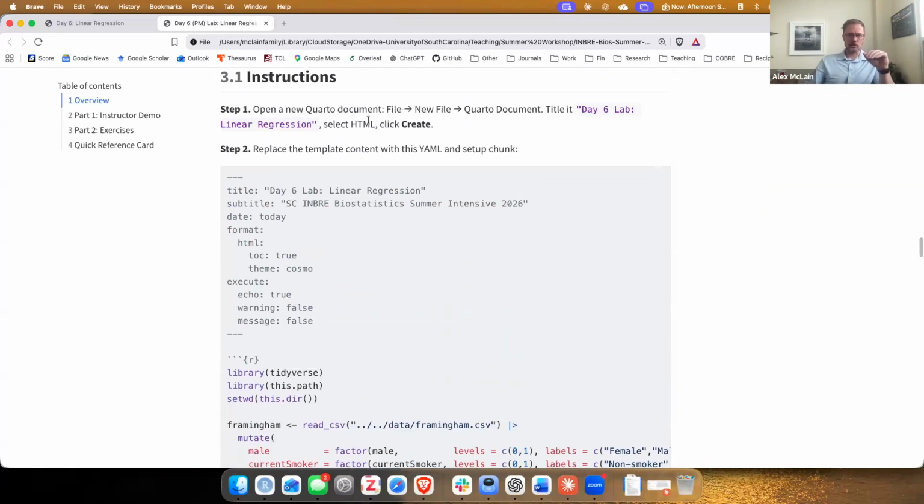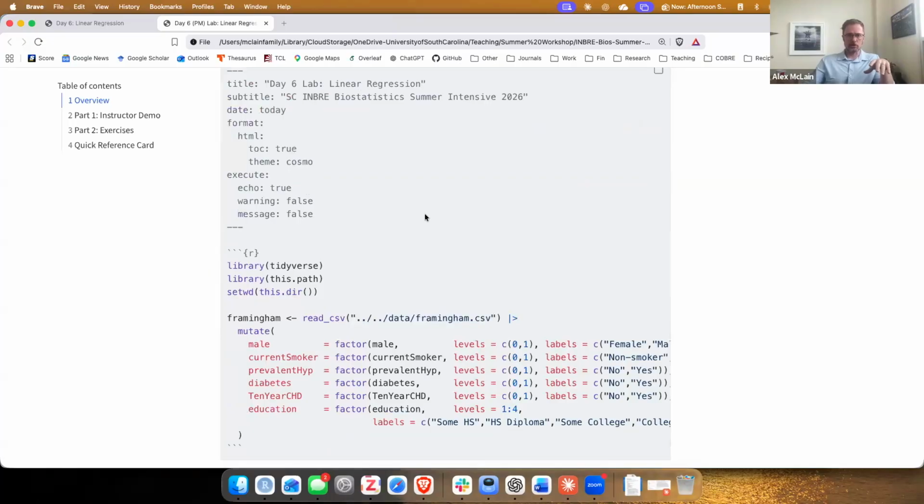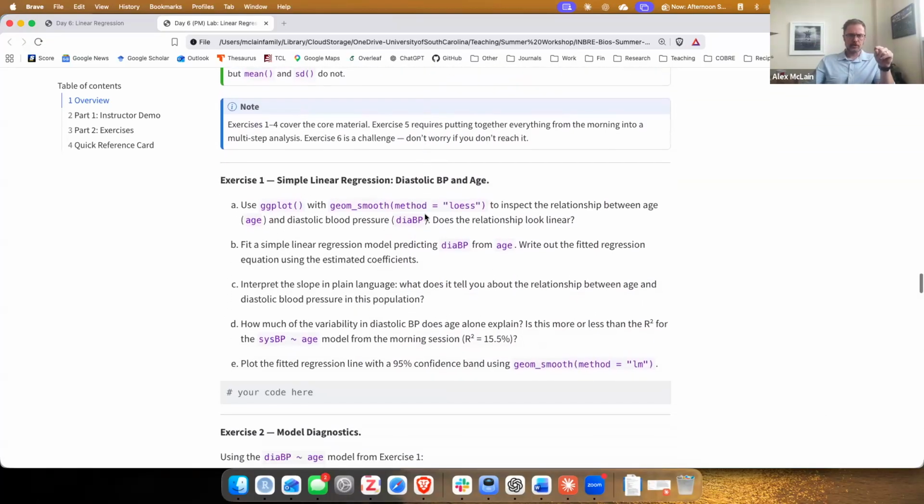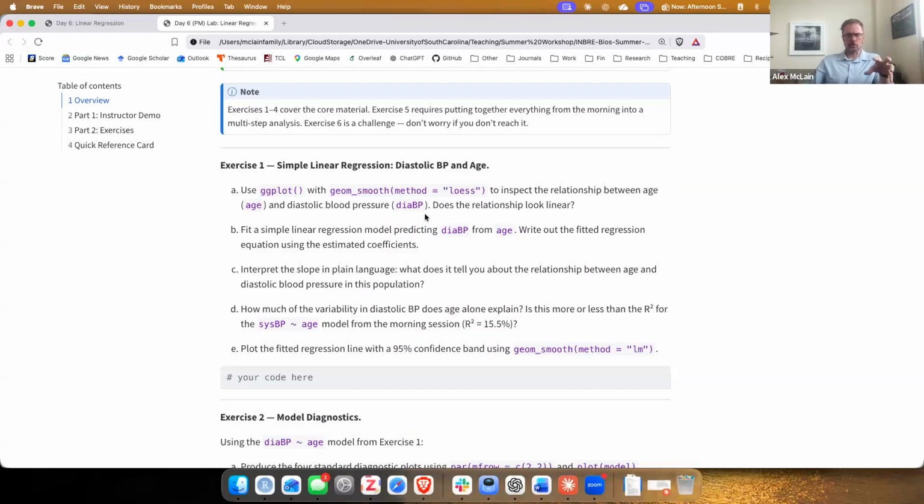So first, focus on the steps, the instructions, creating a new Quarto document. There's some material here to start things off with. Exercise 1 is going to be simple linear regression. This time, instead of systolic blood pressure, we're going to use diastolic blood pressure.